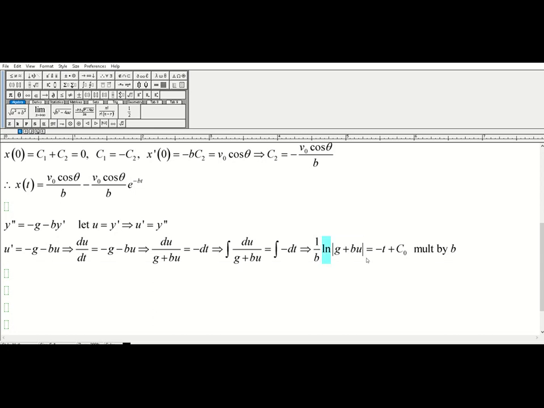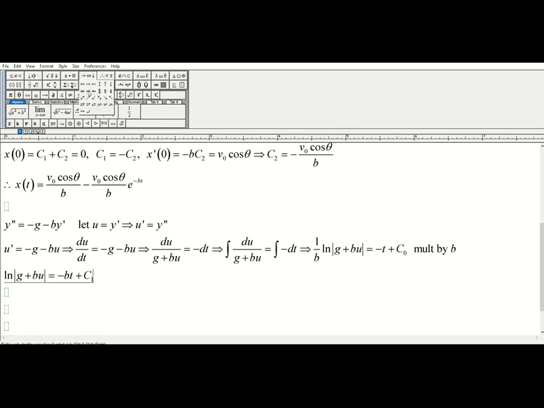This natural log equals negative BT plus, but B is a constant, C is a constant, so when I multiply them together, I get a new constant. I'm going to name it C1 now. Did you follow me?